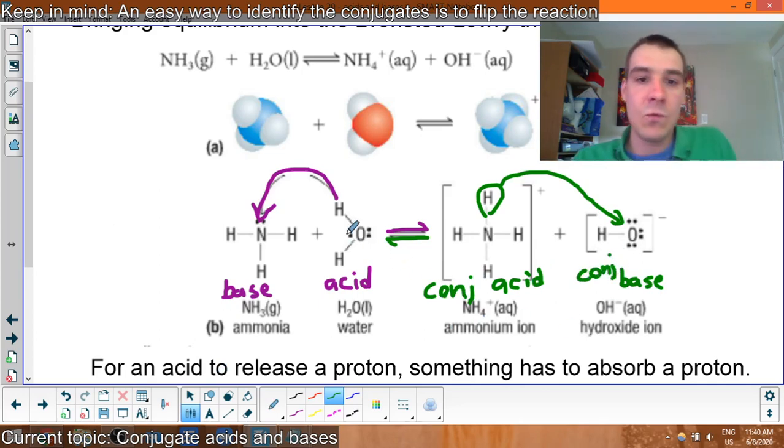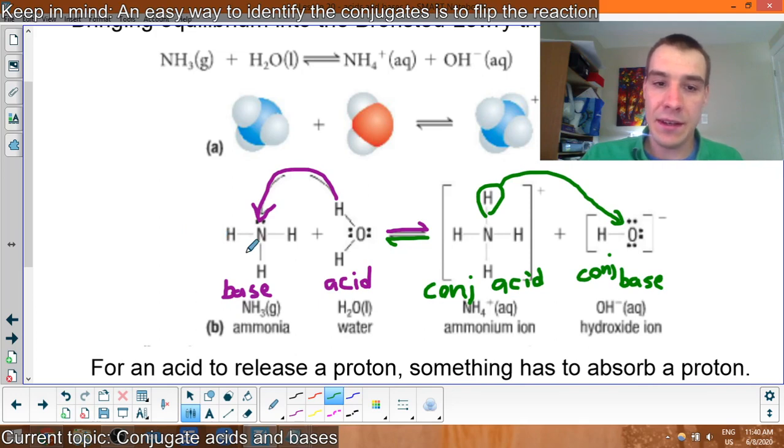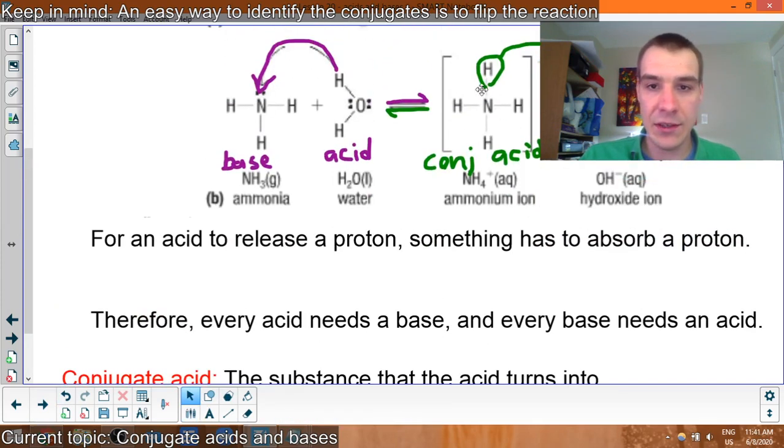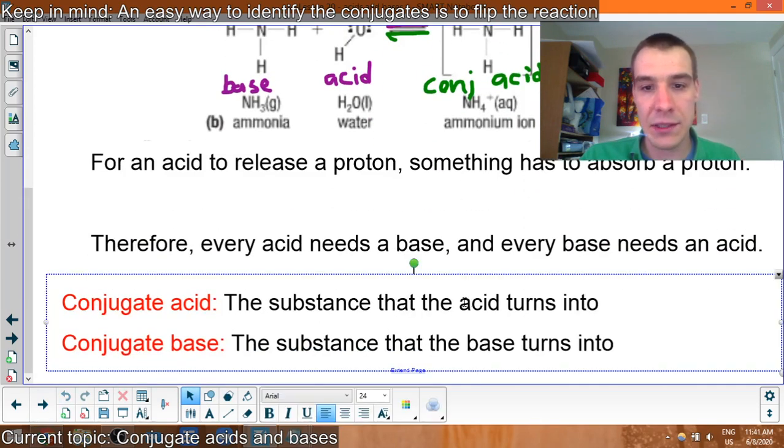So it's important that what was the acid on the left side, what's left behind is the conjugate base. What was the base on the left side, what's left behind is the conjugate acid. Right? It kind of reverses. I actually have this wrong. The conjugate acid is the substance that the base turns into.